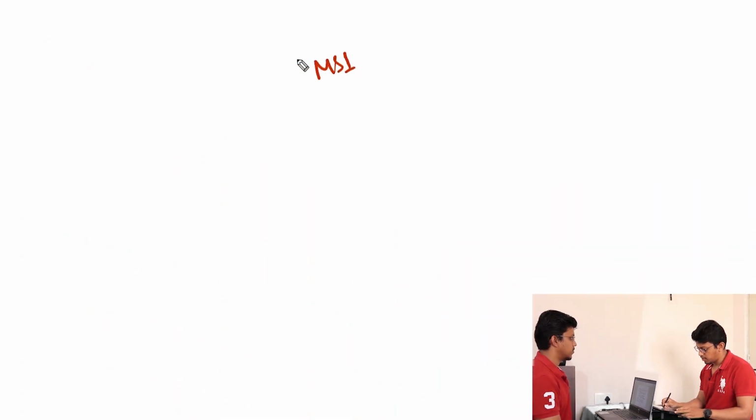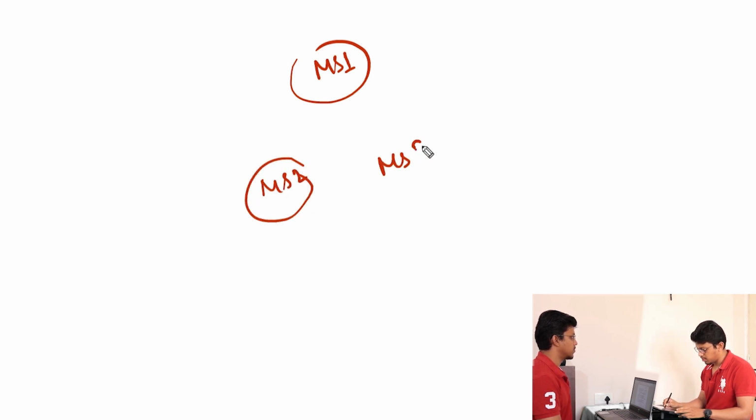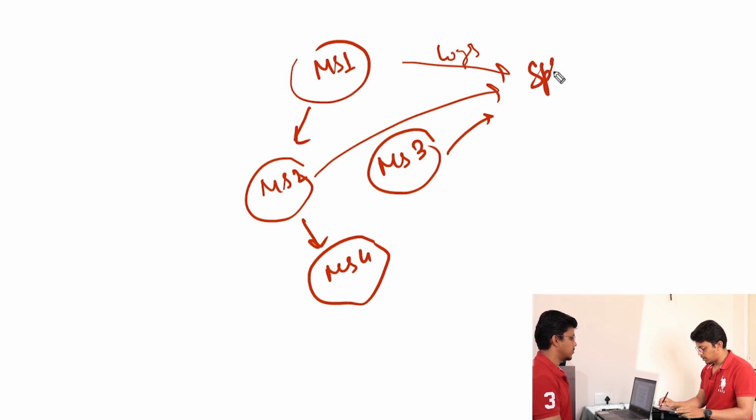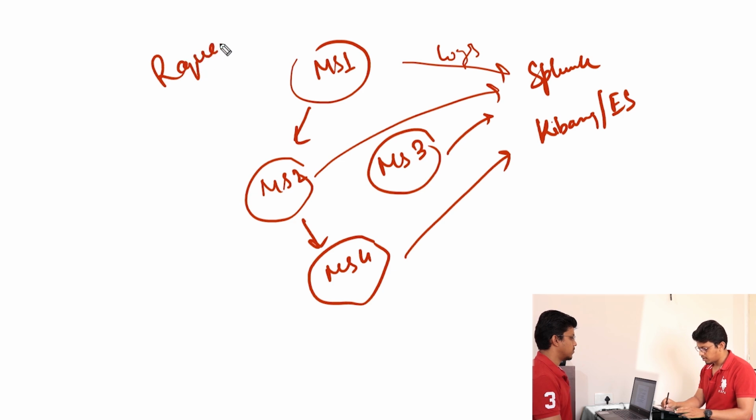So to answer your question, suppose I have multiple layers of microservices. What we can do is send all the logs to Splunk or Kibana, or say Elasticsearch, and for each request we can generate a correlation ID.